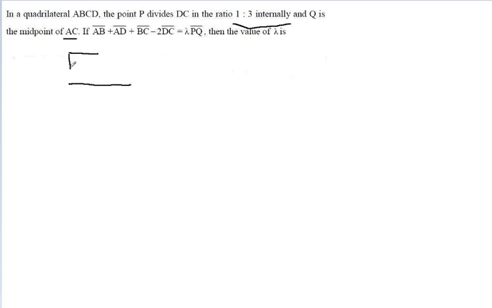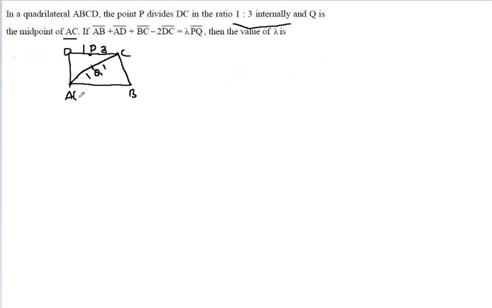So this is A, B, C, D. The point P divides DC in the ratio 1 : 3 internally, and Q is the midpoint of AC. Midpoint means this Q divides in the ratio 1 : 1.